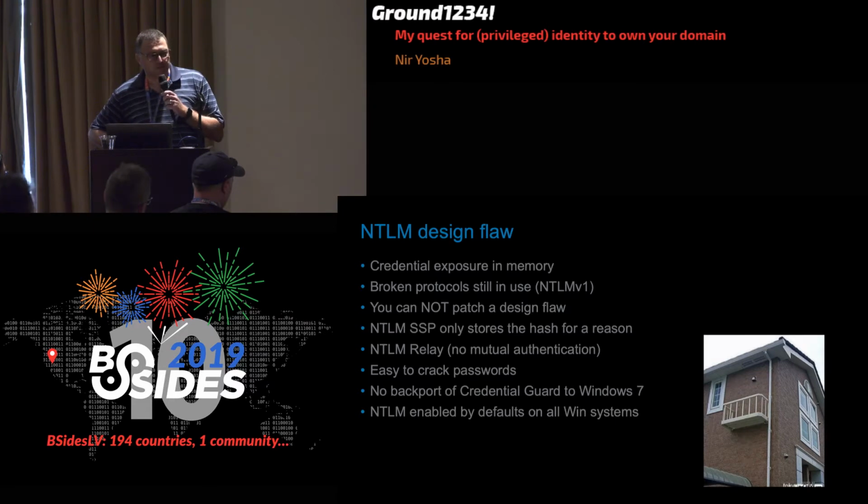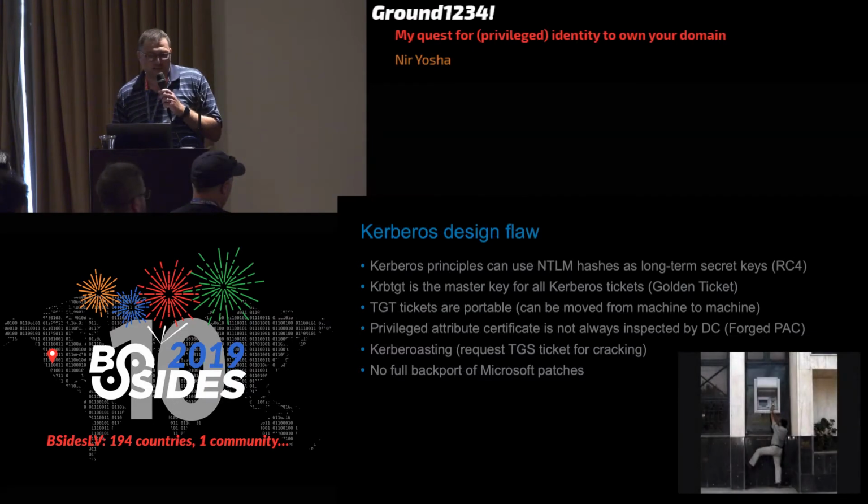Microsoft Active Directory, after 15 years, still relies on NTLM hashes when it comes to authentication. It doesn't verify the source, so you can relay NTLM hashes. You can use them from different machines. And those design flaws cannot be backported. They cannot even be changed because they are part of the design.